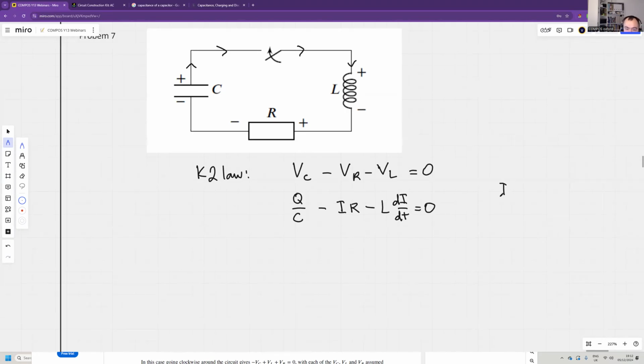And now we remember that I is minus dQ/dt, so Q over C plus R dQ/dt plus L d squared Q/dt squared equals 0.